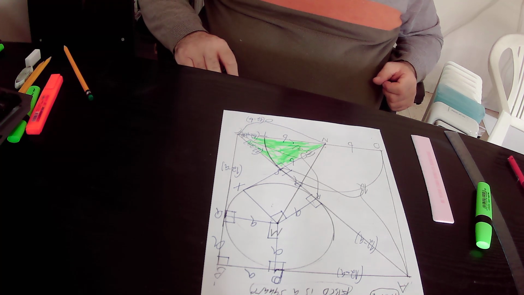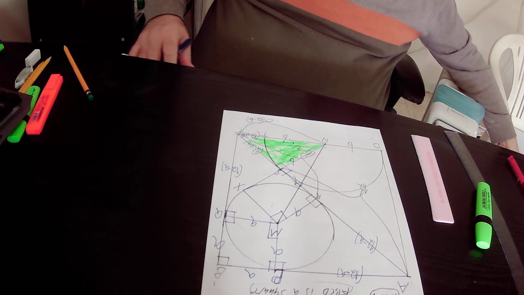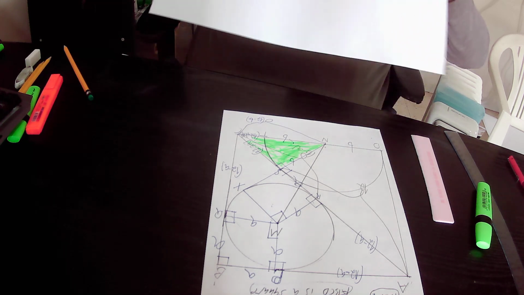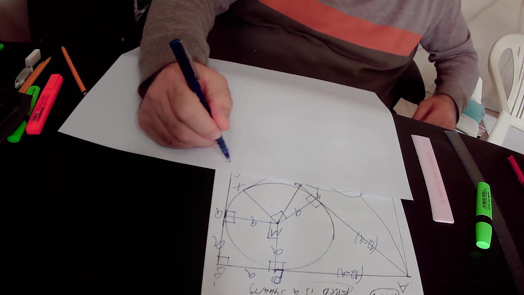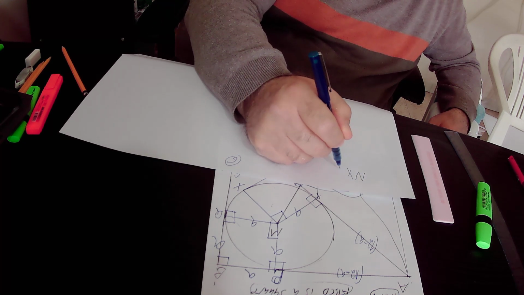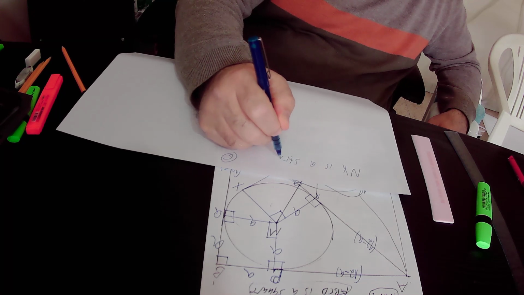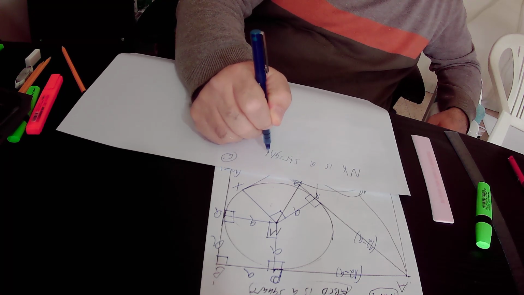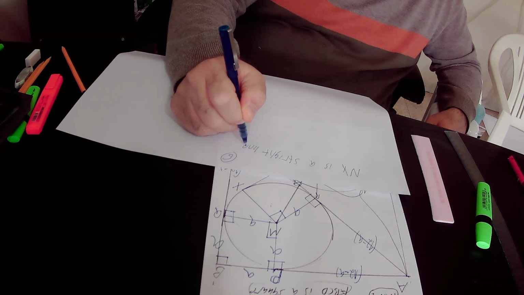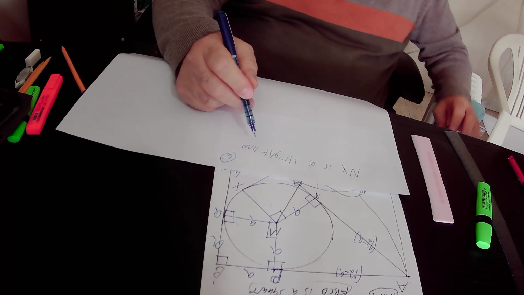Okay, so I'll write it down. Line segment NX is a straight line. I repeat again, we extended the straight line NS by a straight line, therefore the result, line segment NX, must also be a straight line.